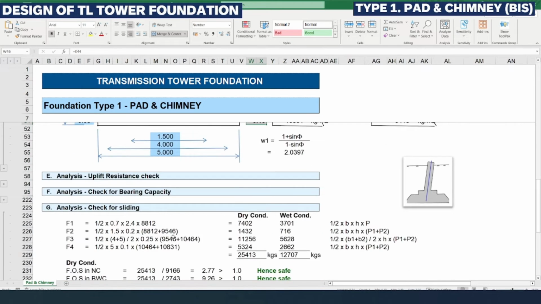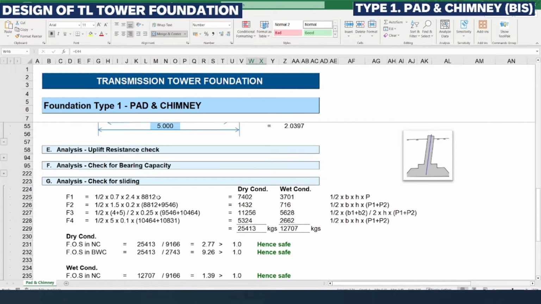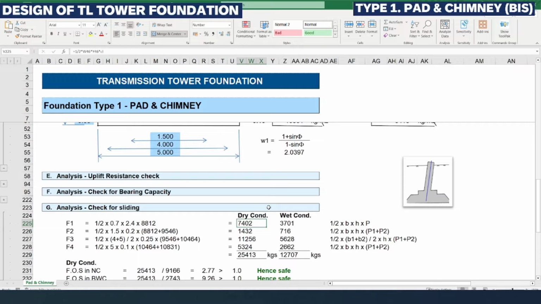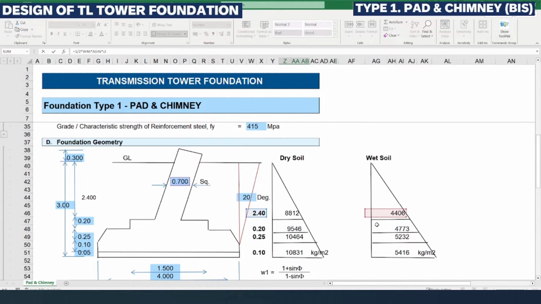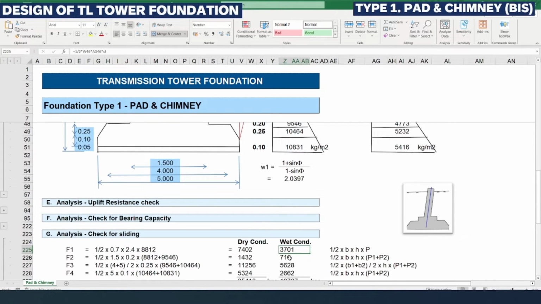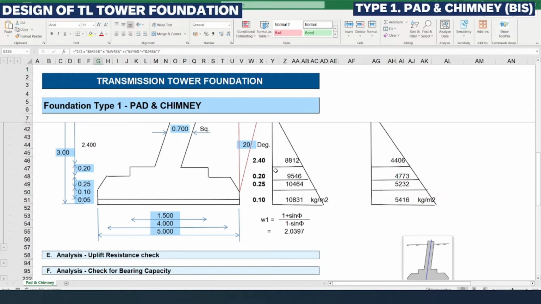So in the first triangle, half into BH into pressure, we are having 7402 kg. For wet condition also similarly we need to consider this pressure 4406. So it is 3701. Next F2 is a trapezoidal.